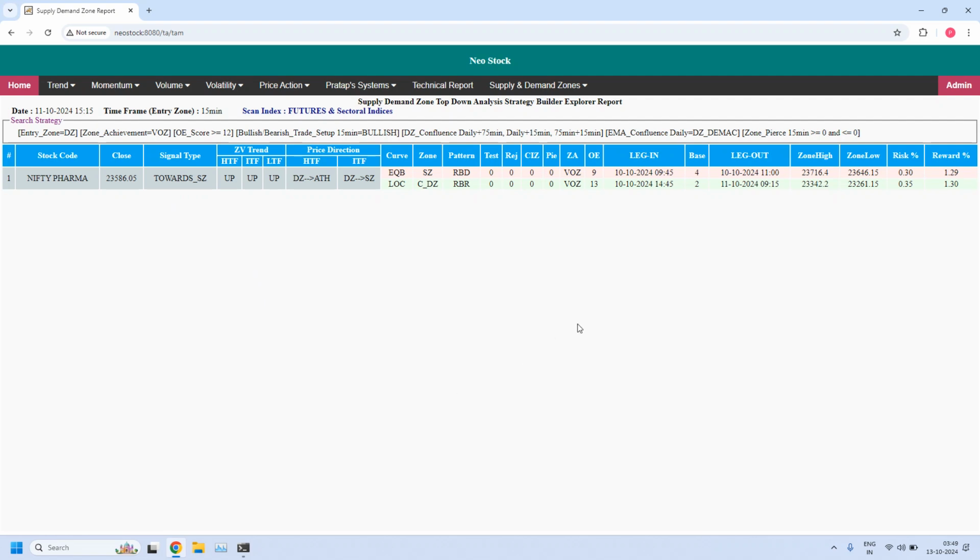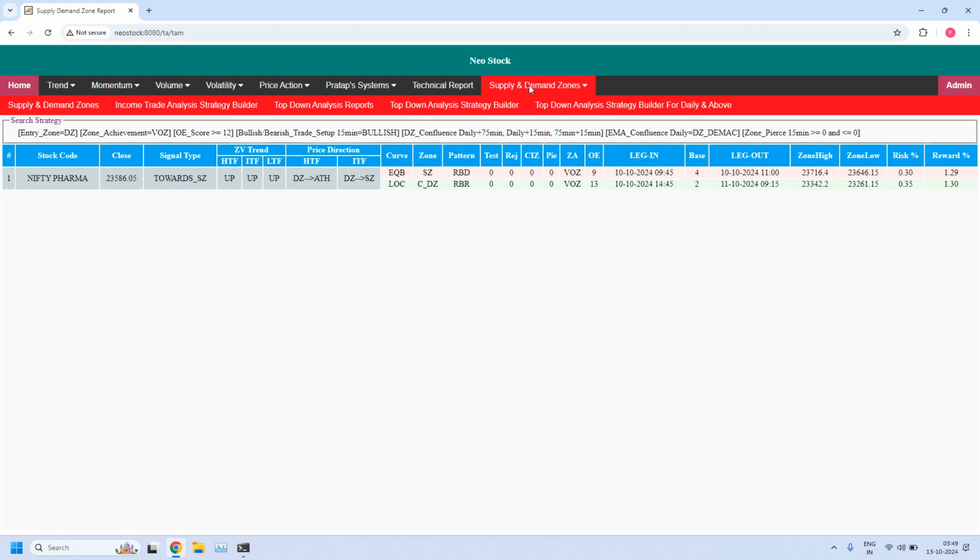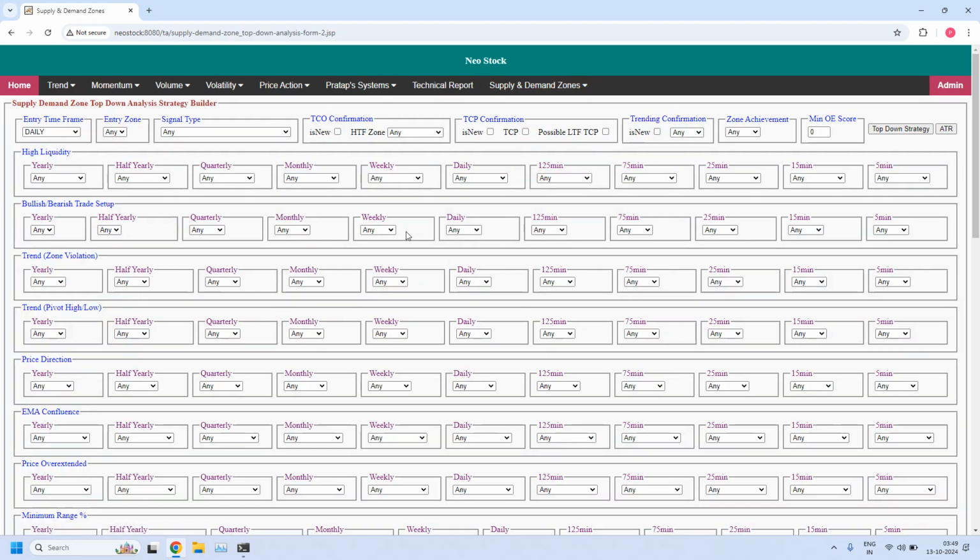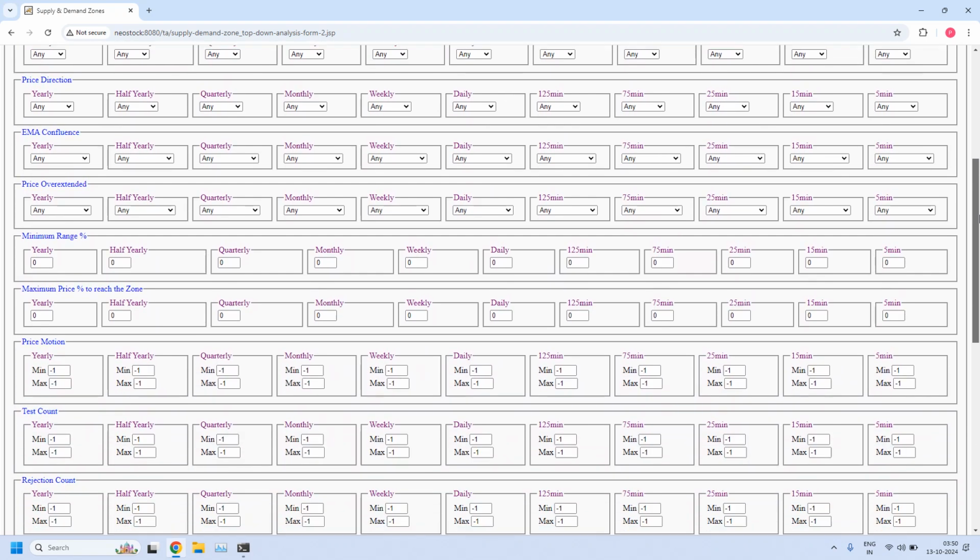Okay, next let's look for a bearish trade setup for daily income trade, that is entry time frame 15 minutes, entry zone supply zone. In bullish or bearish trade setup at 15 minutes time frame, I am selecting bearish, and the 15 minutes supply zone should not be pierced.